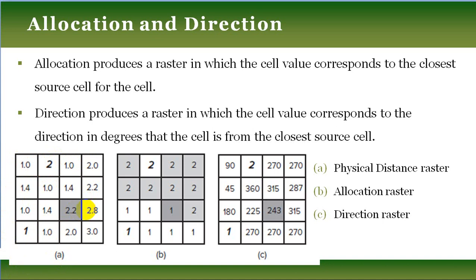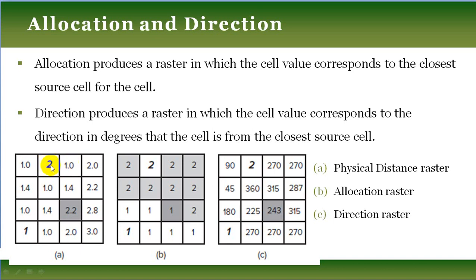Physical distance is measured in cell units from each cell to the corresponding source cell. So from this pixel center to this pixel center the distance is 1. Why 1? Here we consider the pixel width and height is 1.